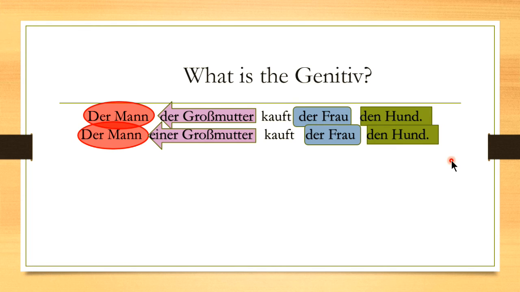But for the very clean purposes of the grammar right now, I don't want to go into detail with prepositions, because prepositions change the game, all right? They really do. So without prepositions, we will use the genitive here.